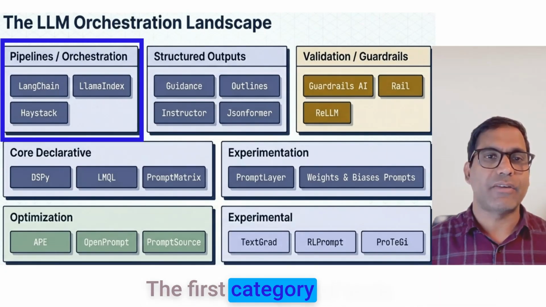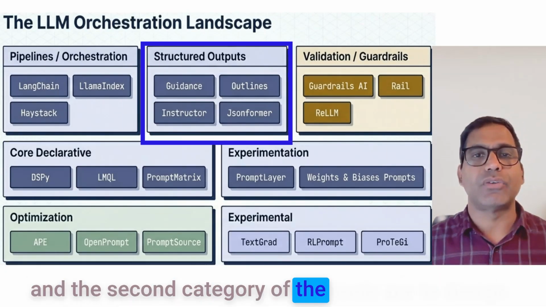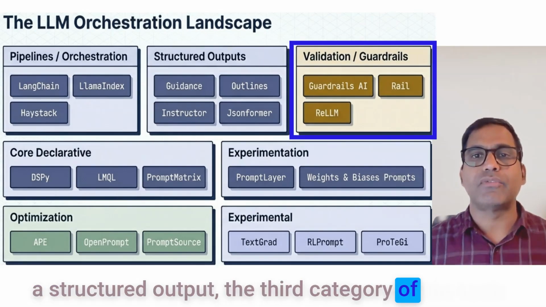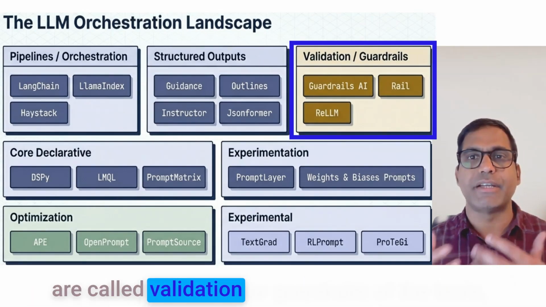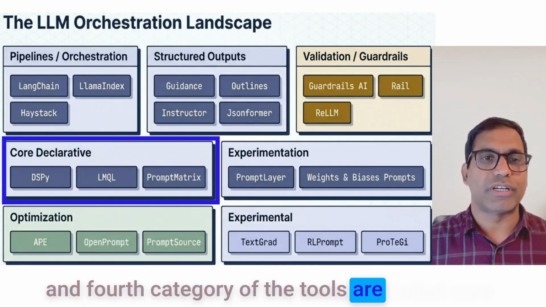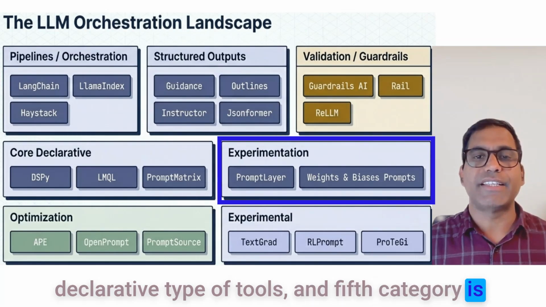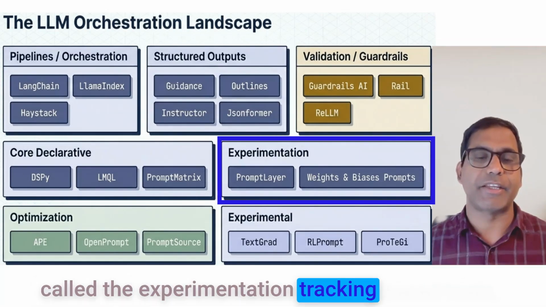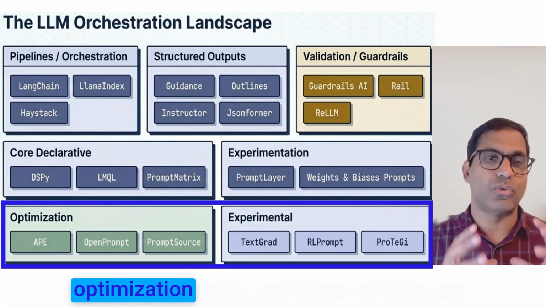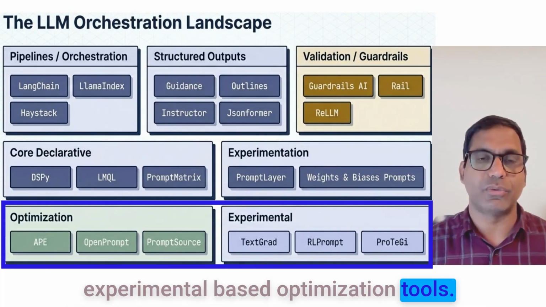The first category of tools are based on pipelines, and the second category of tools are to design a structured output, and the third category of tools are called validation or guardrails, and the fourth category of tools are called core declarative type of tools, and the fifth category is called the experimentation tracking based tools, and the sixth category is called the optimization tools, and some of them are experimental based optimization tools.